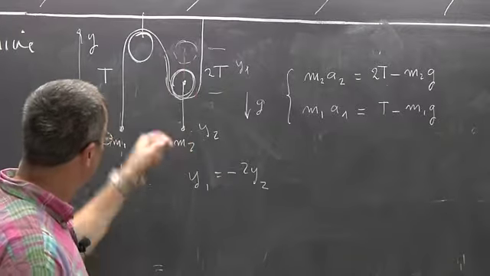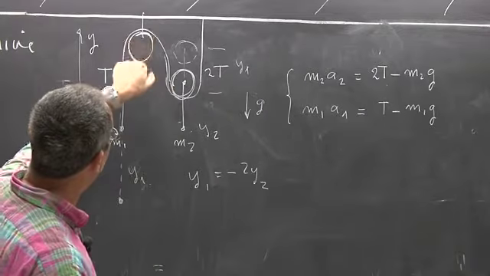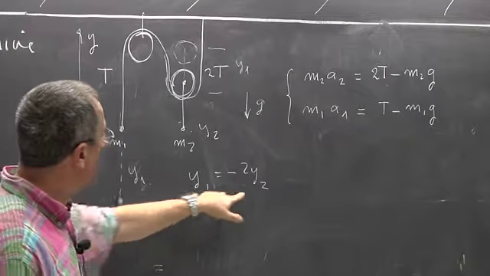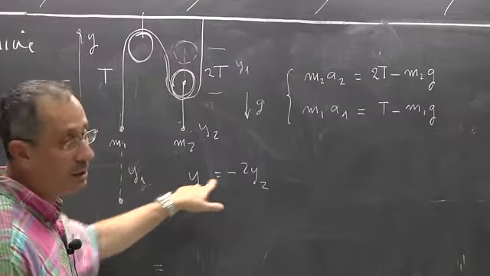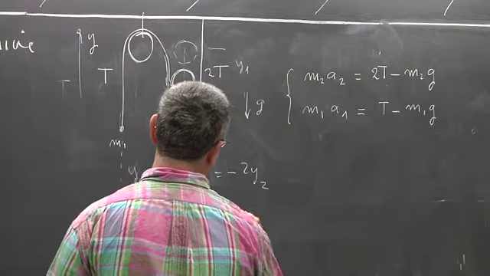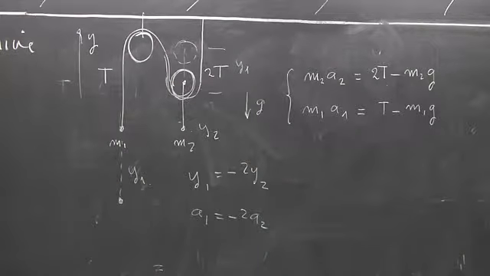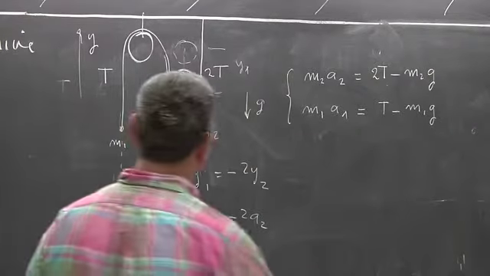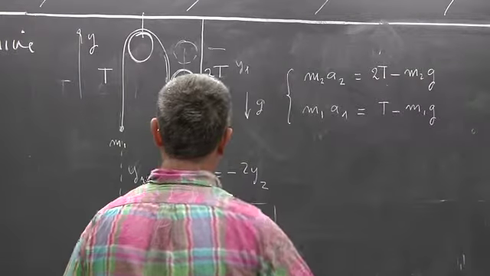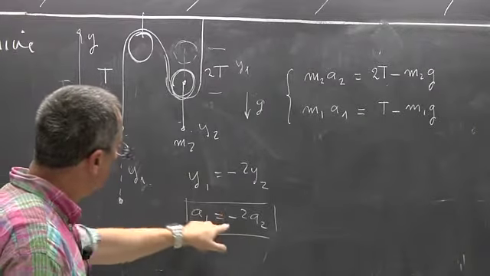This goes up, this goes down. So this conservation of the length of this string gives you this relation. Now, if I take twice the time derivative of these positions, I do get that a1 must be minus 2a2. And this is my third equation.